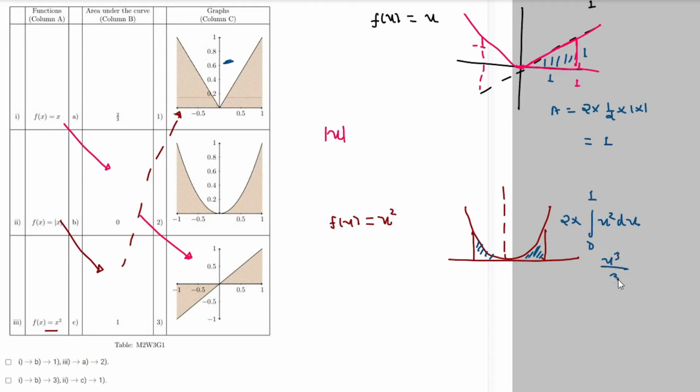So it will be x cube by 3 from 0 to 1, times 2, which is equal to 2 by 3. So for the function f of x equal to x square, its area will be 2 by 3 square unit and its graph is the second graph.